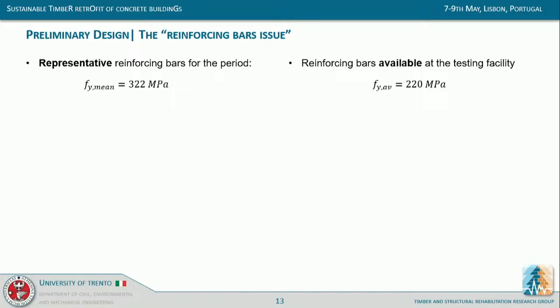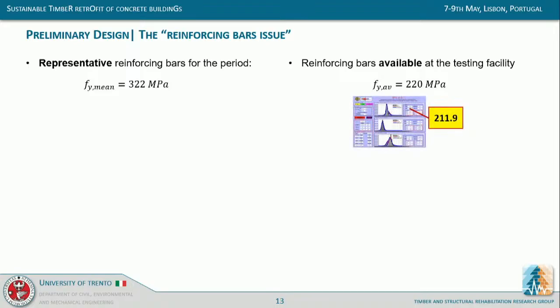And here is the first bump: of course, the representative value that we ideally desired for our bars was 320 MPa, but the plain bars available were 220 MPa, which is still okay because it's on the lower bound of what was actually available at the time.